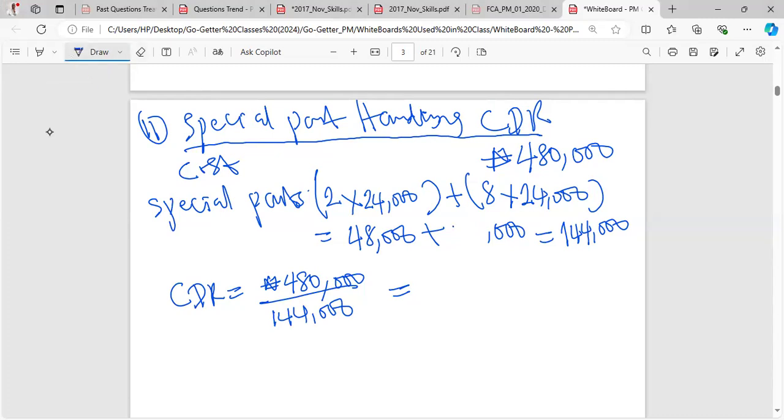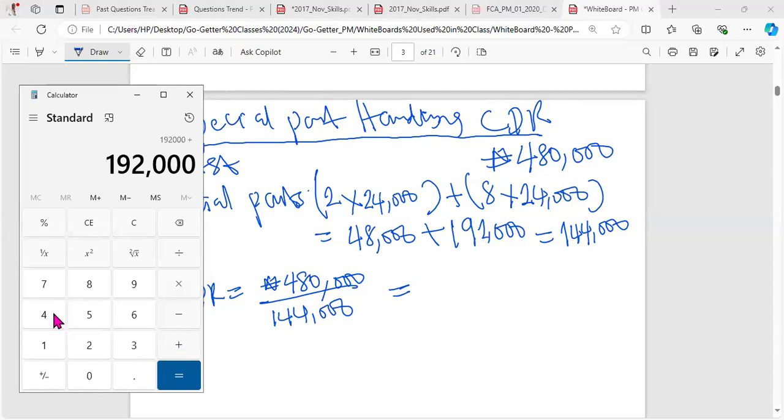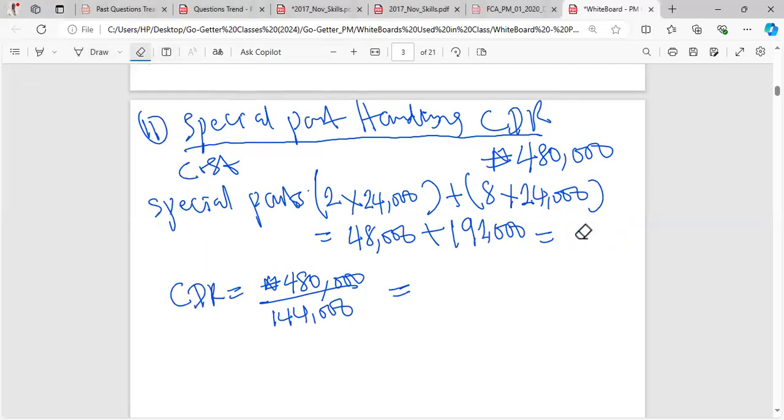So we have our 192,000 here. And if we were to add it to 48,000, we'll be getting 240,000. 240 and not 144. So I'll clean here also. 240. Now use my 240 here again. That should be 3 zeros here.